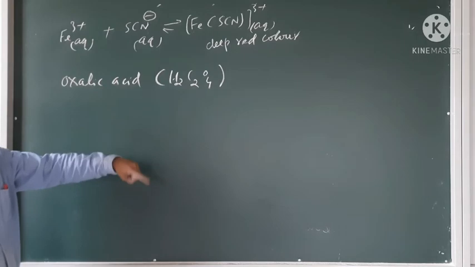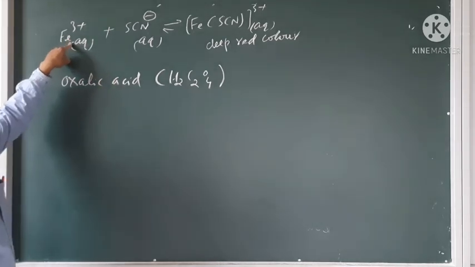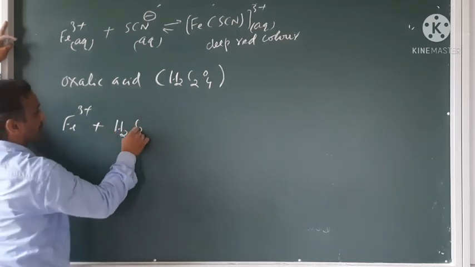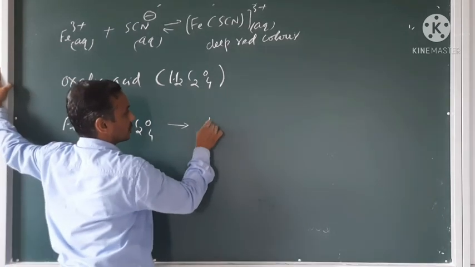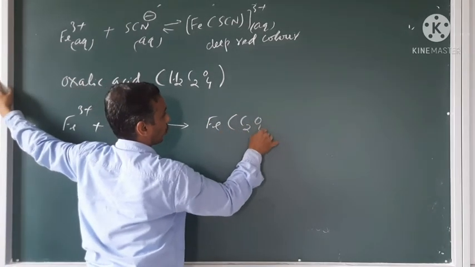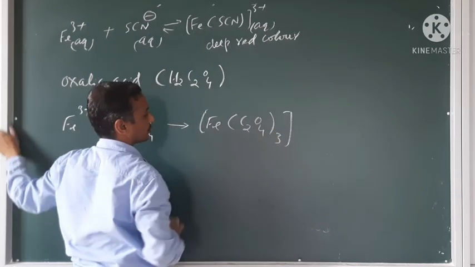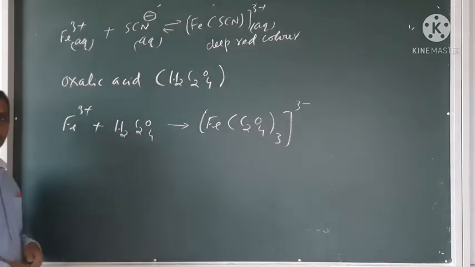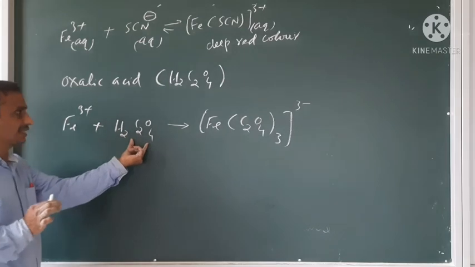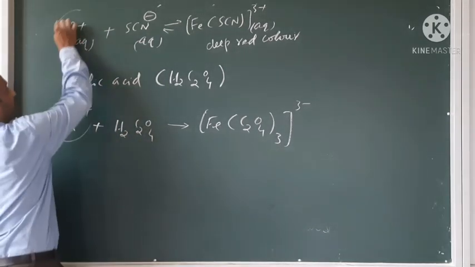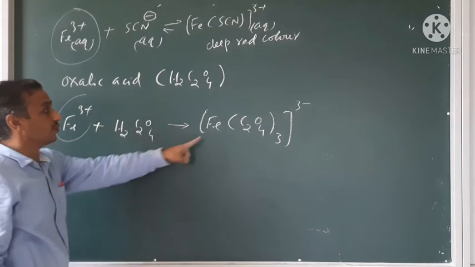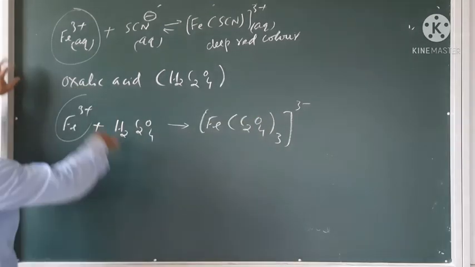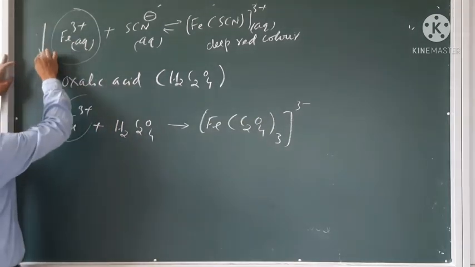This oxalic acid reacts with the ferric ion Fe3+ and gives Fe(C2O4)3 3-. So when oxalic acid is added, the ferric ion is removed in the form of the Fe(C2O4)3 3- ion, which means reactant concentration decreases.